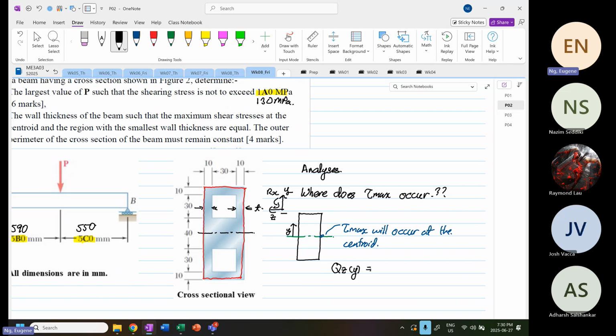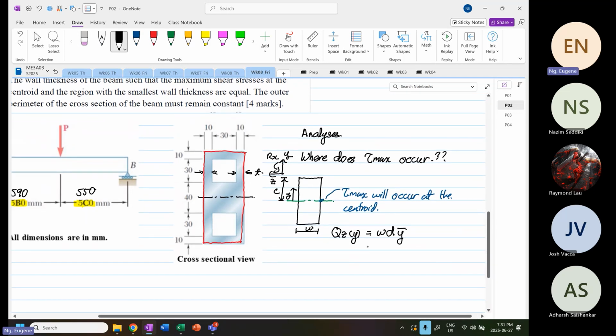The maximum point, the distance from here to here, is c. And this over here, I call my width, so it's equal to width times depth times y bar.